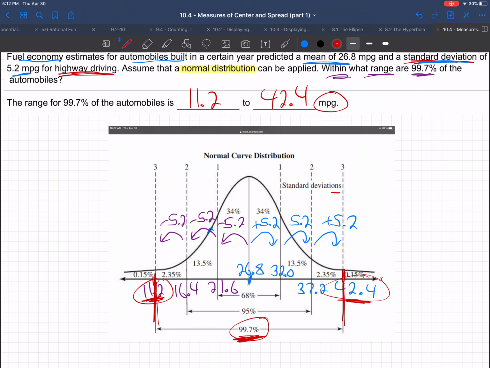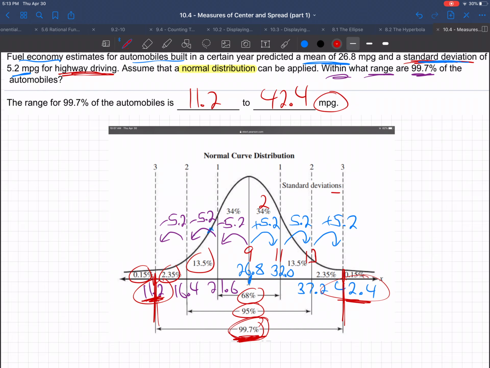So from example to example, what you'll see is the numbers on the bottom change. Like if they give us men's shoe sizes, this would have been 9 is the average shoe size, and standard deviation would have been 2, so it would be 11, 13, as I did a minute ago. The numbers on the bottom change, but the percentages don't change. 99.7, 95, 68, all these percentages, they never change. That's what it means to be normally distributed.